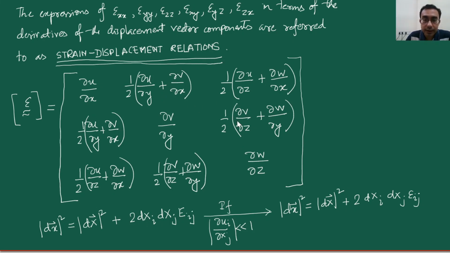Of course, a mathematician will come and say that these fields need to be sufficiently smooth, but for all intents and purposes, as an engineer, you understand that in usual circumstances this is going to be smooth enough. So all fields are going to be differentiable, and you can find out all the strain components, epsilon 1, epsilon 2, epsilon 3, the rest of them, equivalently epsilon xx, epsilon yy, epsilon zz.